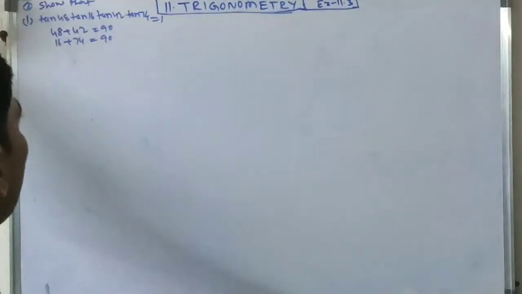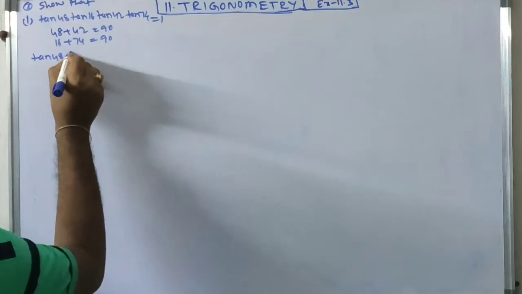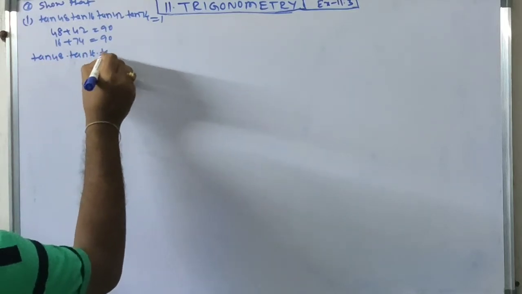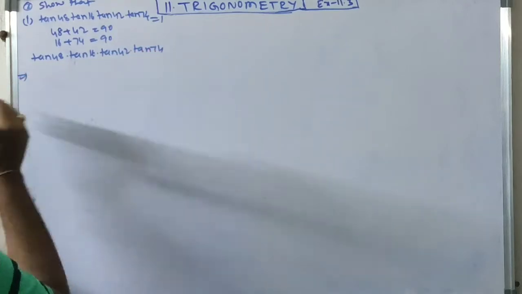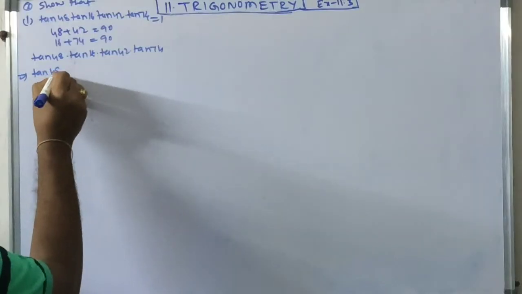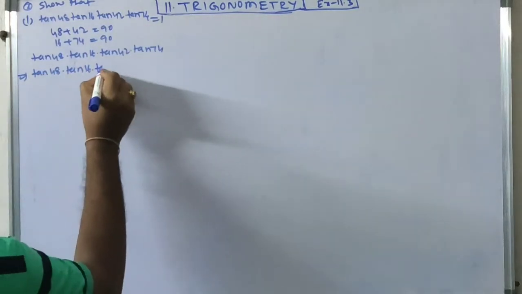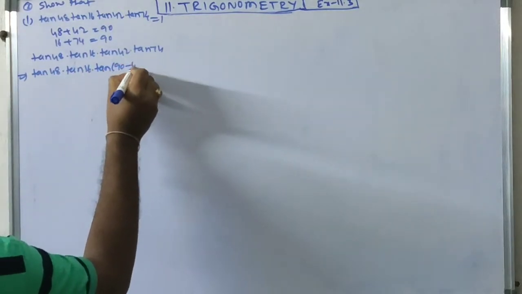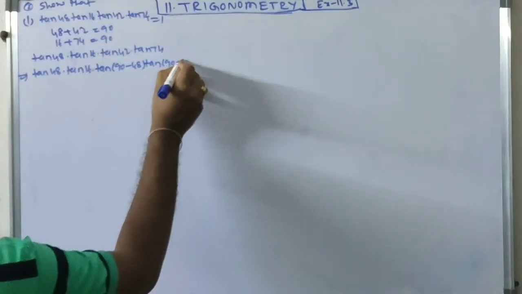So I want to convert. In the expression tan 48, tan 16, tan 42, tan 74, tan 48 stays as it is, tan 16 is also as it is. Tan 42 equals tan of 90 minus 48, and 74 equals 90 minus 16.